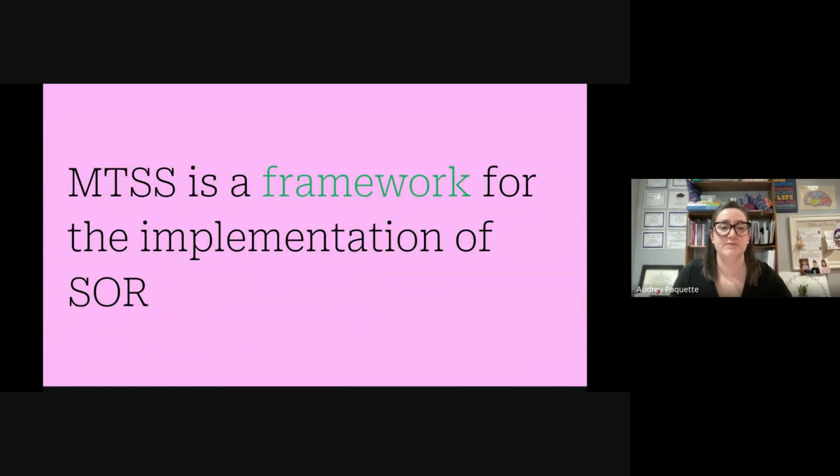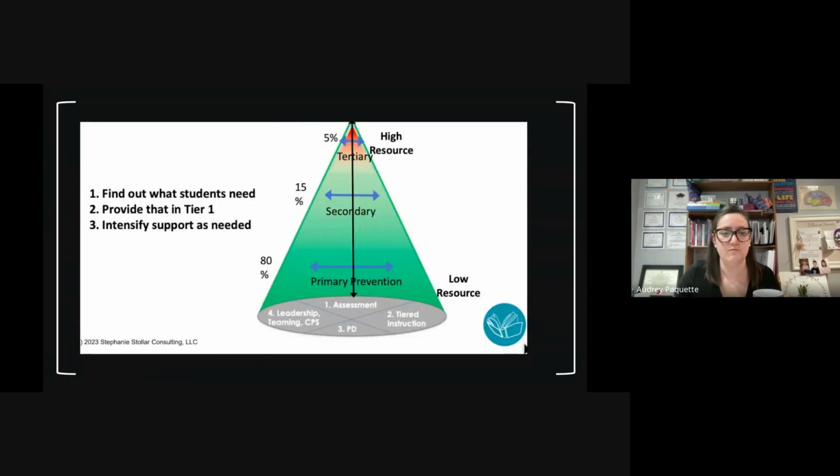All right, so MTSS is a framework for the implementation of the science of reading. This is Stephanie's graphic. What I like about this one is that most of the time we see it as a 2D triangle, tier 1, 2, 3, but hers is a 3D shape.